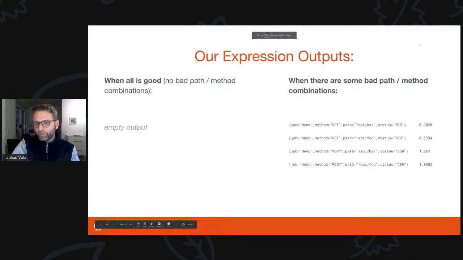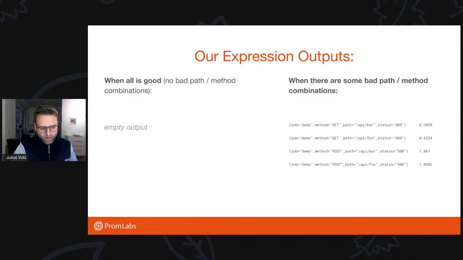So the problem with Keptn is that in those SLI specifiers, it expects exactly one single output number and not 0 numbers or a whole vector of time series of numbers. So we need to somehow condense down that filtered list of method path combinations to a single number.